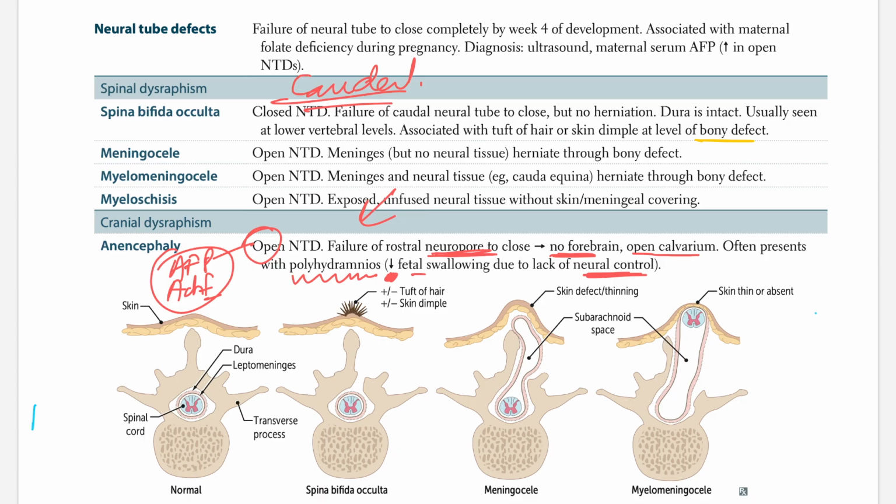So you don't even have a center of swallowing, so you can't swallow. When you can't swallow, you're going to have polyhydramnios, right? Because one of the things that keeps the amniotic fluid in level is that the baby drinks the amniotic fluid and pees it out. But when you don't even have the swallowing center, you can't swallow it. It's going to cause polyhydramnios. High yield: no forebrain, open calvarium, polyhydramnios, and anencephaly is the failure of the rostral neural pore to close.